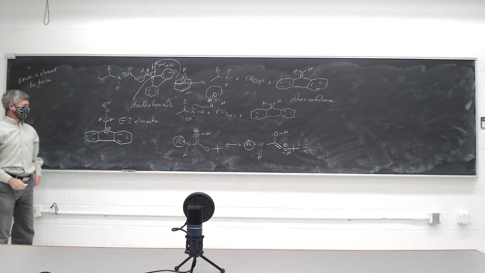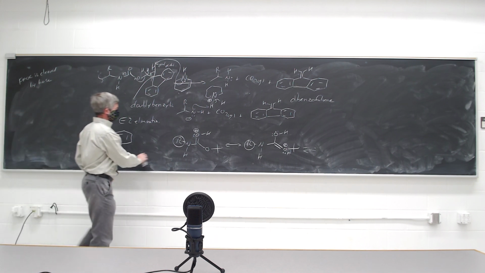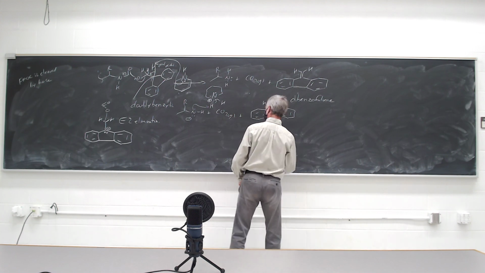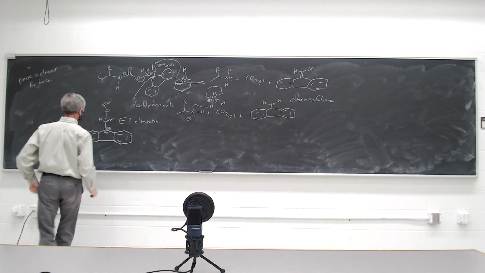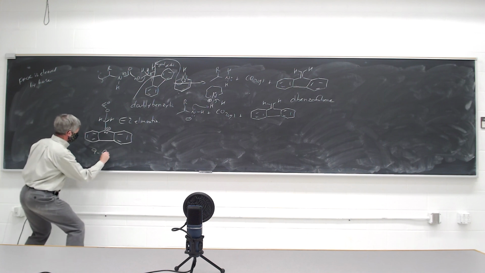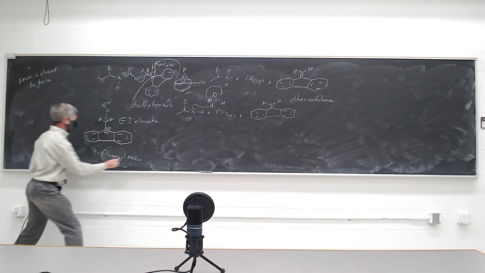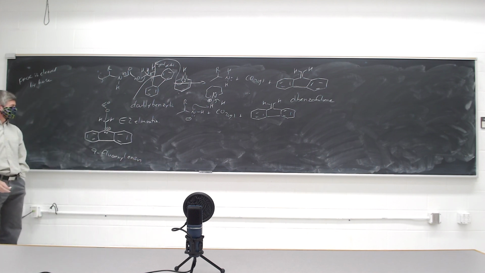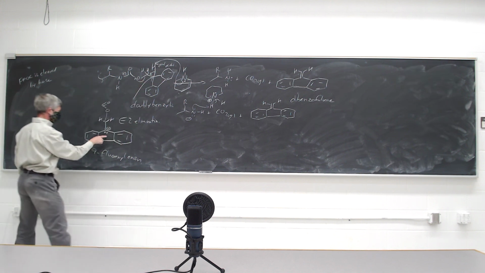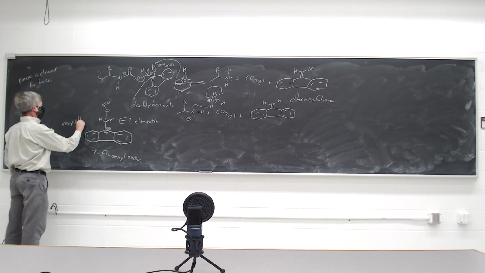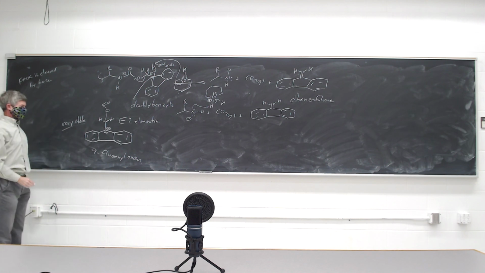What can you tell me about that anion? That's the 9-fluorenyl anion. I said that was very acidic, which implies that this is very stable. Why is that anion so stable?